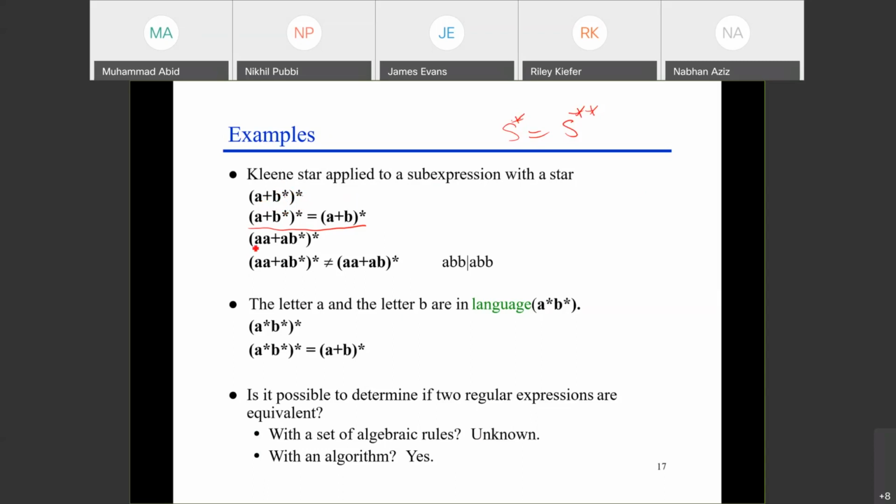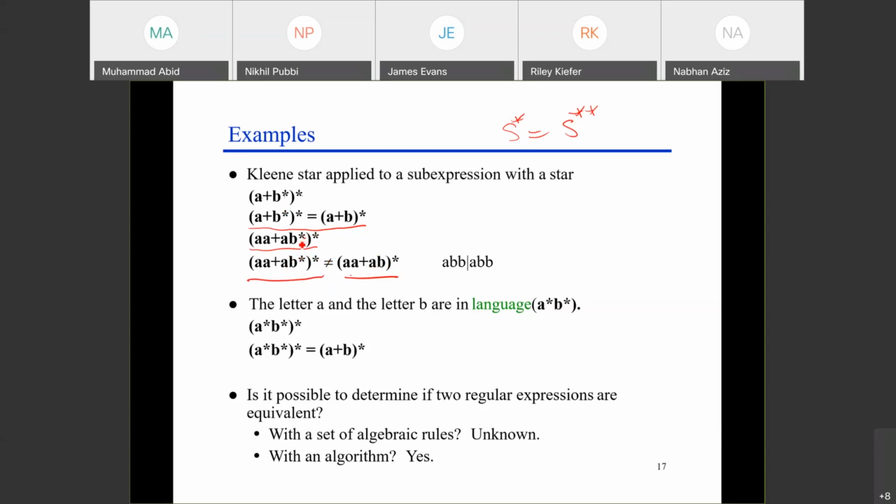But if you have this other language and you put a star on the whole thing, this is not equal to (a plus ab) whole star, because we have a star here.